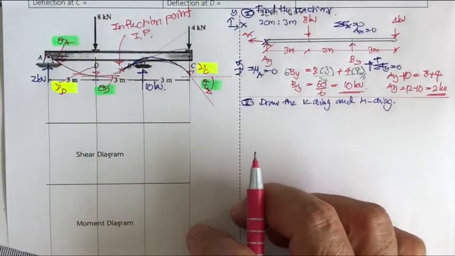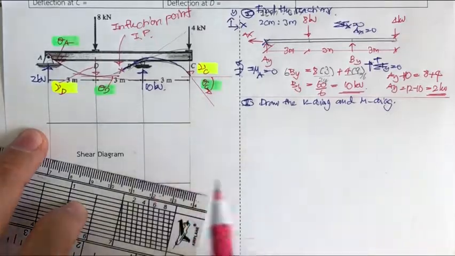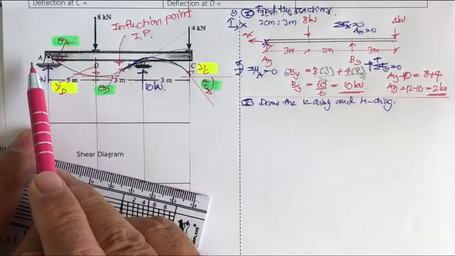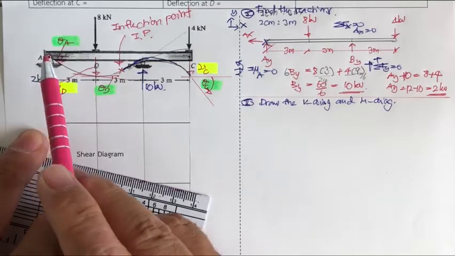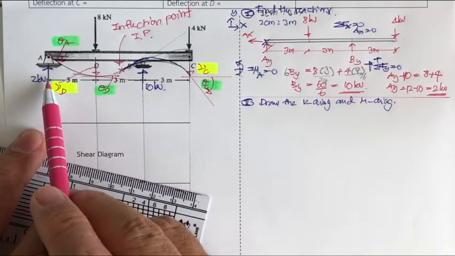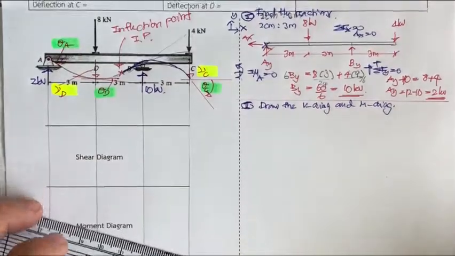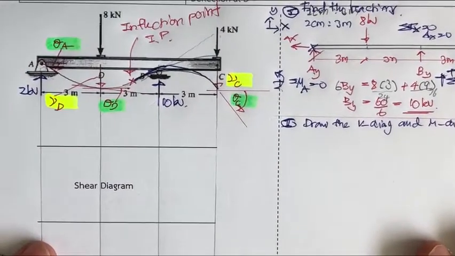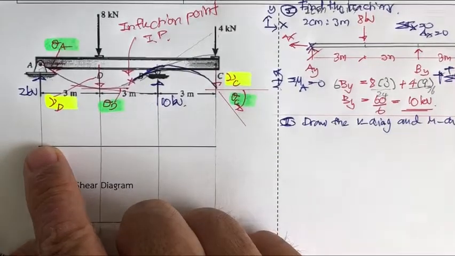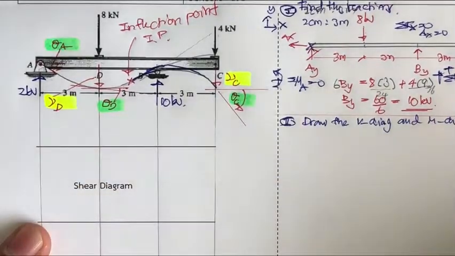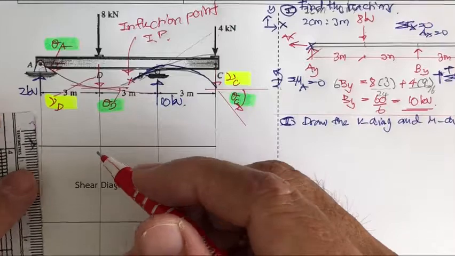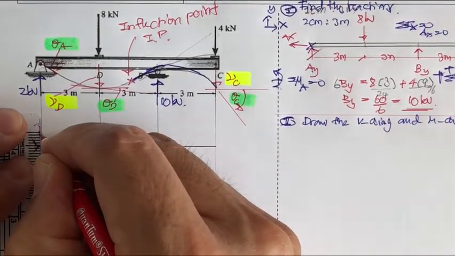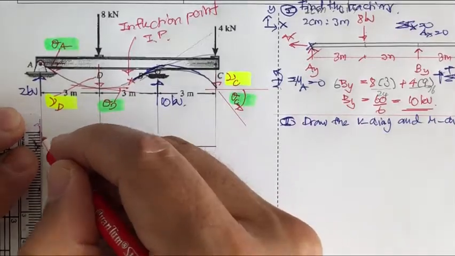And to draw the shear diagram, we just start by moving from the left to the right. Okay, by doing this, you have 2 kilonewton here. So the 2 kilonewton, let me zoom it up a little bit. Okay, 2 kilonewton gonna going up, right? Let me take 2 kilonewton for half centimeter.